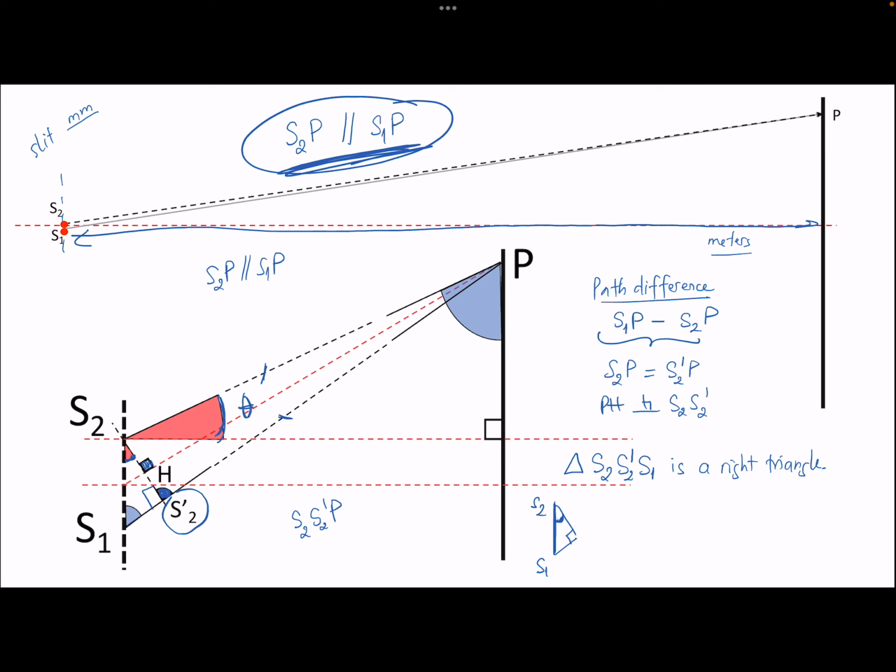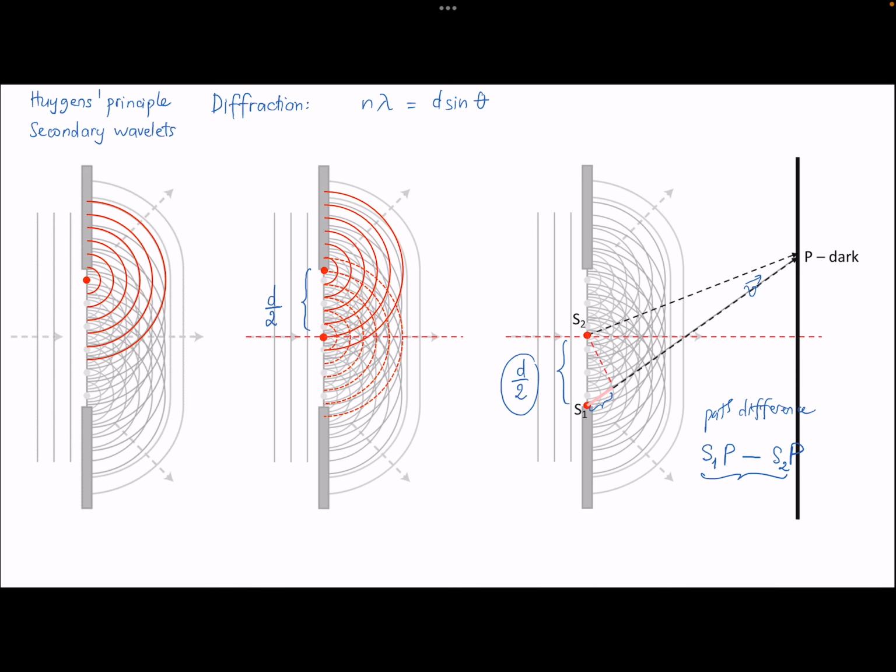Between what? Between the line from the middle point. Do you remember from the previous figure that this is the middle point of the slit?